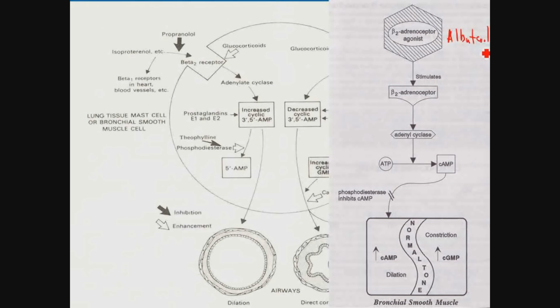That stimulates the receptor. The receptor then, when it's stimulated, causes adenyl cyclase to be created. This is an enzyme that converts ATP into cyclic AMP, adenosine triphosphate into cyclic adenosine monophosphate.